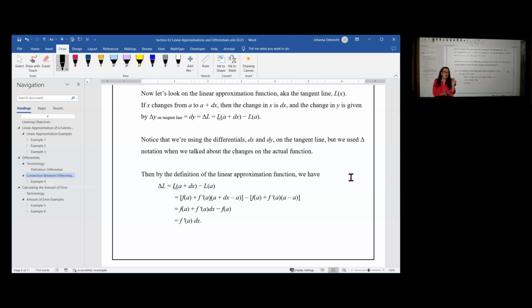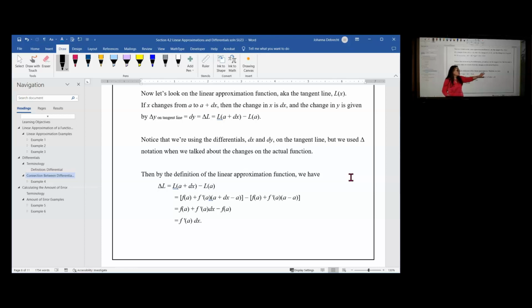Notice that we use dx again on the linear approximation function. We want to figure out what the relationship between dx and delta x is. dx on the tangent line, delta x on the function, and dy on the tangent line, delta y on the function.